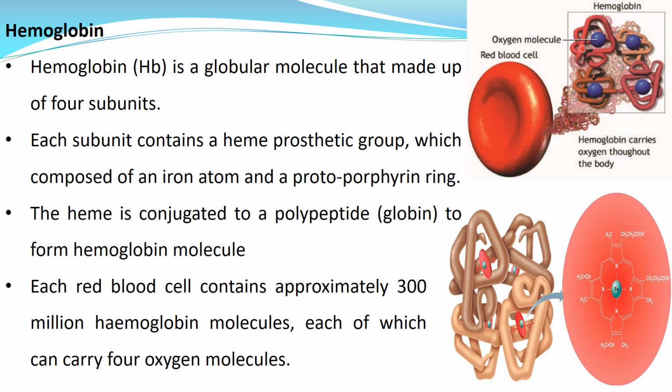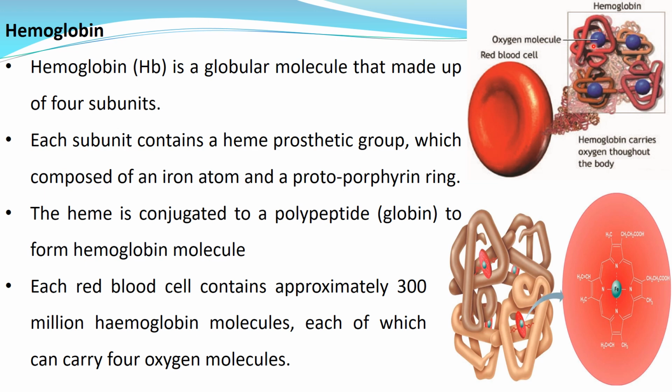Globular means they are made up of a specific type of protein which has a globular shape, and each molecule of hemoglobin is made of 4 subunits.